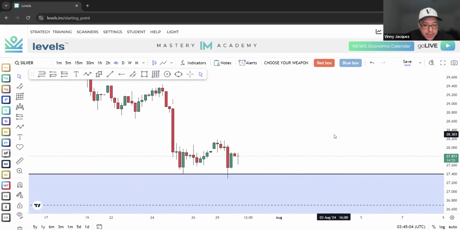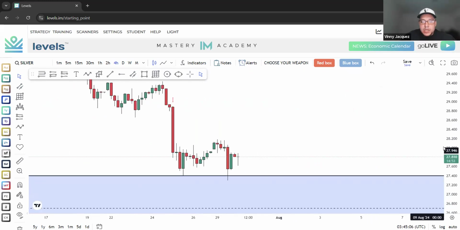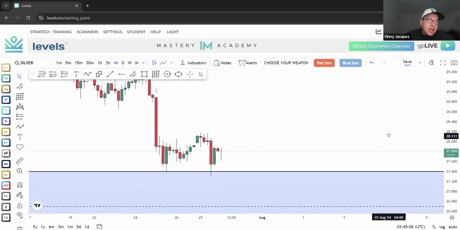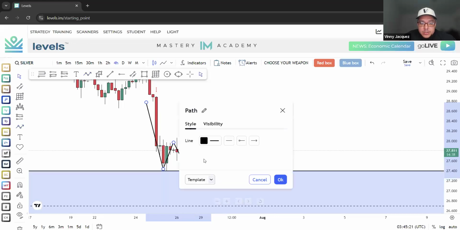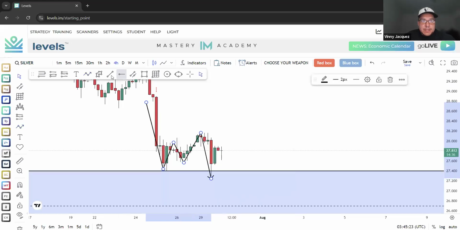Looking at this, it doesn't look like it's 100% ready. Now, it could go. We have a low point, we consolidate a little bit, we go higher, and then this wick goes lower than this wick. In essence, this wasn't a break of structure to the downside.